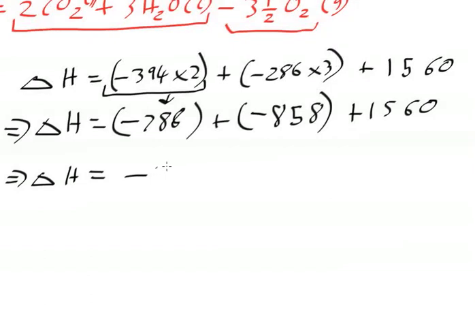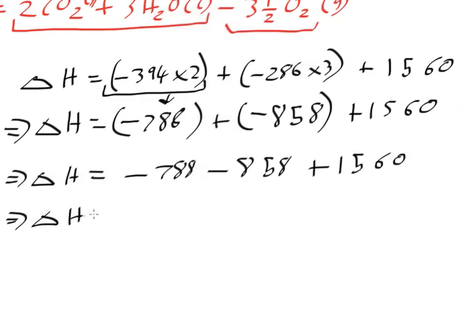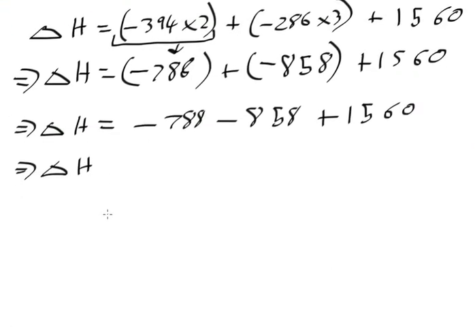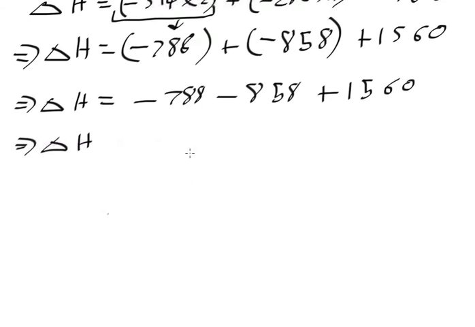So minus 788. When I add a negative number, it's the same as taking it away. So minus 858 plus 1560. So one last calculator thing to kind of get this final answer.